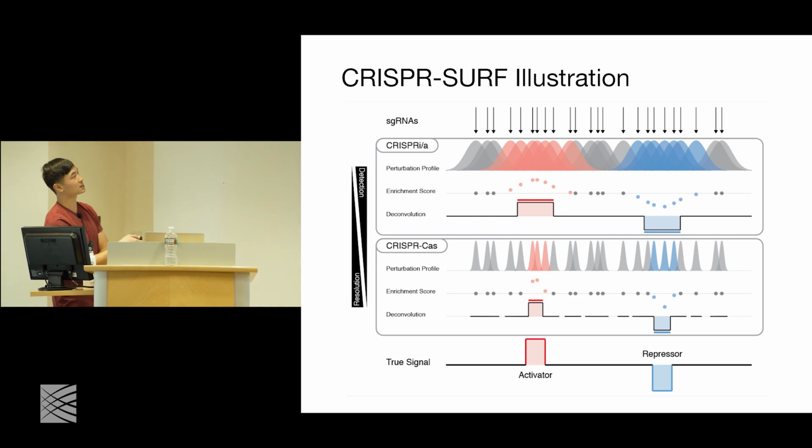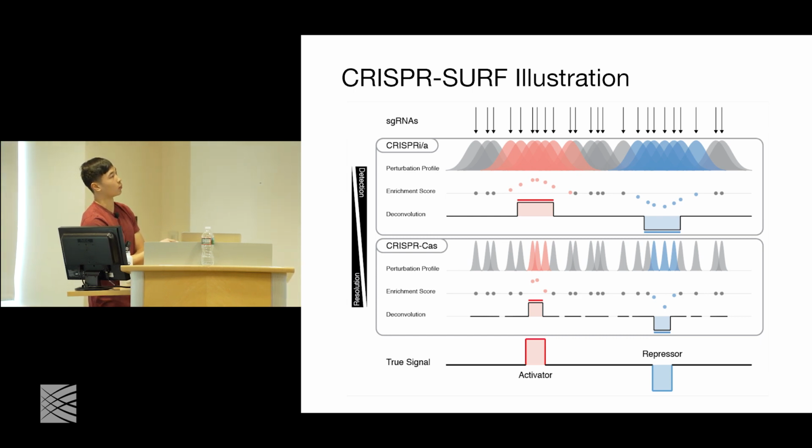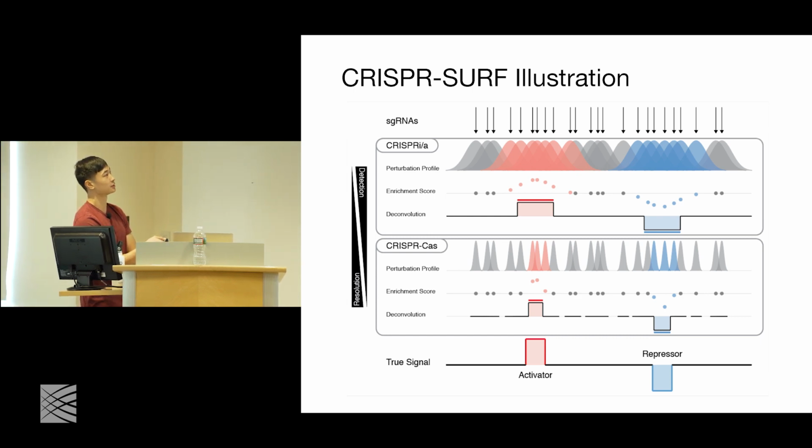The pieces of information that we want to use are where the guide RNA is placed, what its effects are in sensing the genome, whether or not there's a regulatory element underneath it, and how that is represented in the data, which are the enrichment scores.